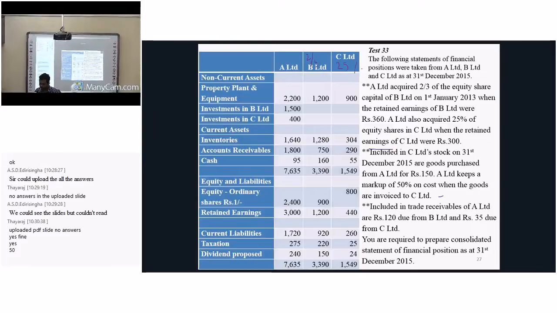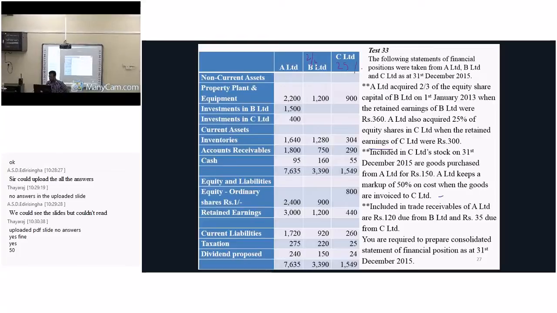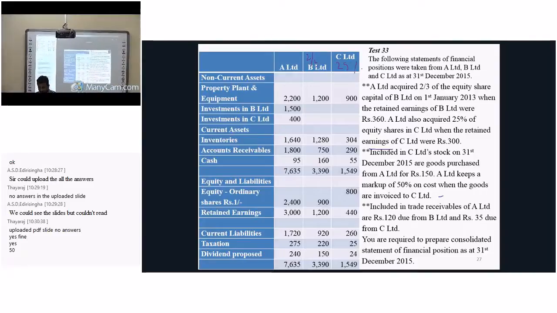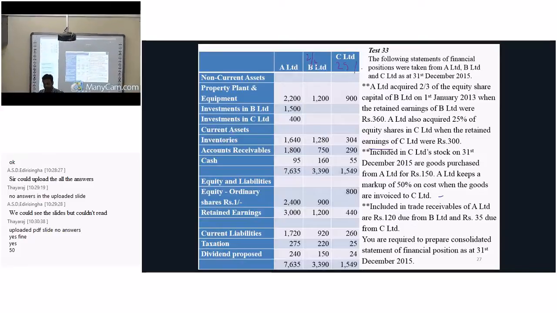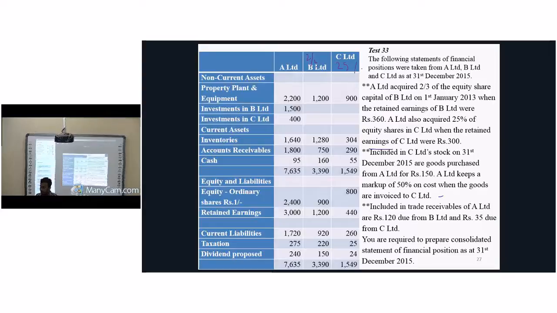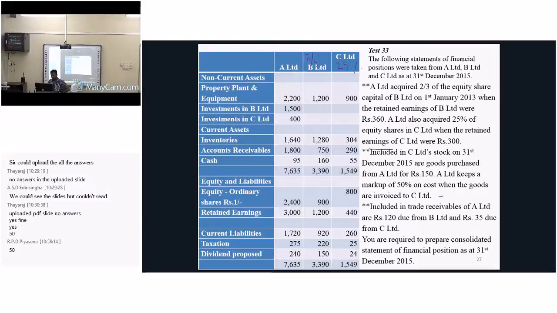Just see what the unrealized profit is. 50 is wrong. Look, 150 is on the purchaser's side, which means it's the purchase price. No, 50 is wrong.